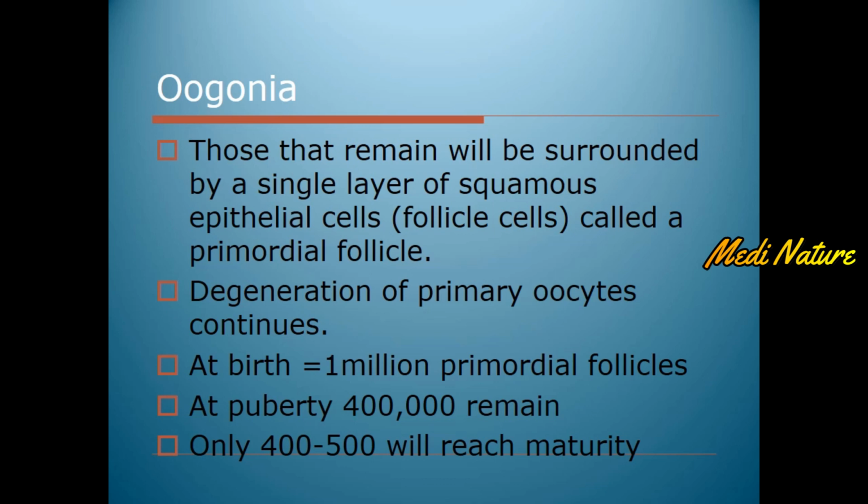This is called a primordial follicle. But still, the degeneration of these primary oocytes continues. Therefore, at birth, only around 1 million primordial follicles remain, and at puberty, only 400,000 remain. Out of them, only 400 to 500 will reach maturity.